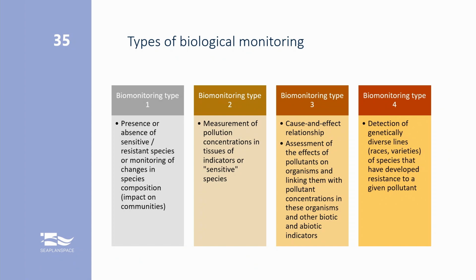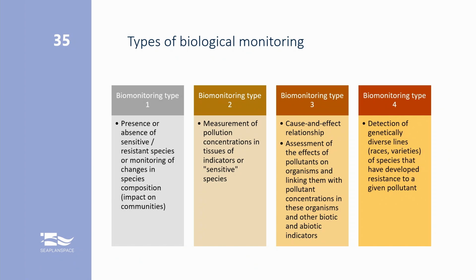When it comes to biological monitoring, we have 4 basic types of biological monitoring, and the type 1, which is actually based on indicators, and it is the presence or absence of sensitive resistant species or monitoring of changes in species composition. Biomonitoring type 2, which is based on measurement of pollution concentration in tissues of indicators. Biomonitoring type 3 is actually basing on the cause and effect relationship between the pollutants and its effect.